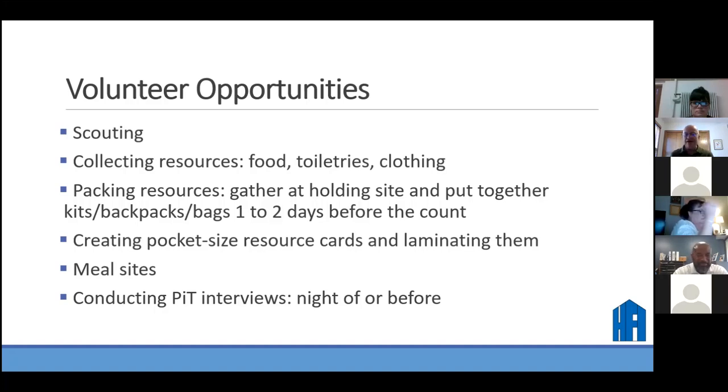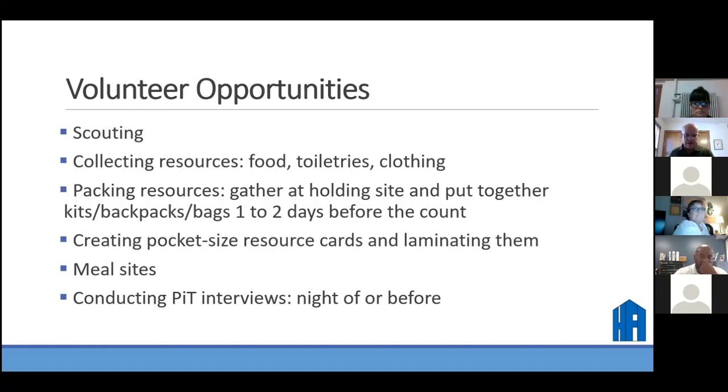And then there's going out and collecting this stuff, hopefully donated from dollar stores or Hy-Vee or Fairway or wherever, or you ask churches to collect the stuff that you need and communicate what you need.